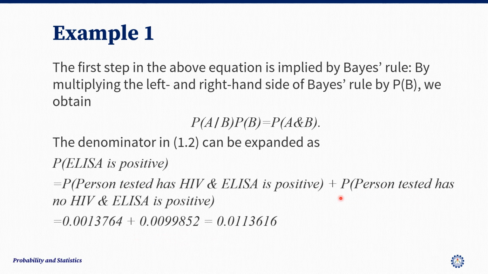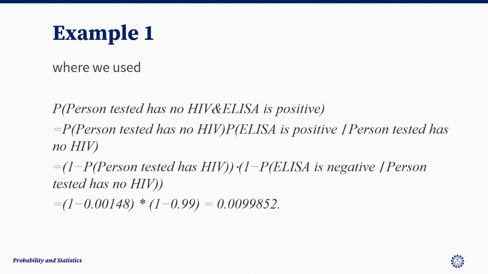So now, where did we get this value, the probability of person tested has no HIV and ELISA is positive? We use this formula: the probability of person tested has no HIV and ELISA is positive is equal to the probability of person tested has no HIV multiplied by the probability of ELISA is positive given that the person tested has no HIV.